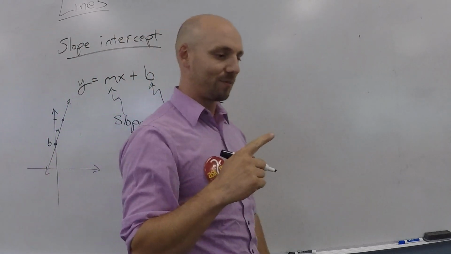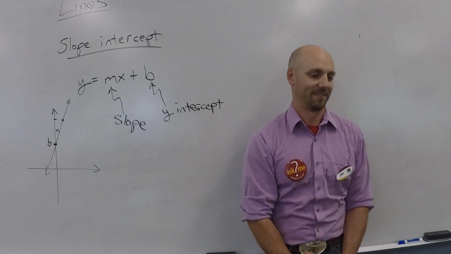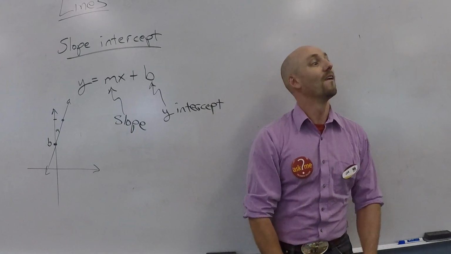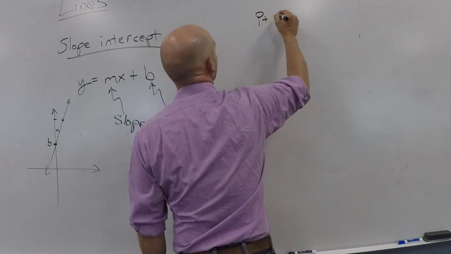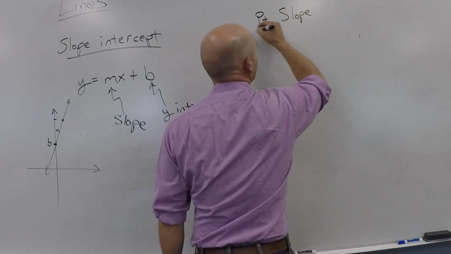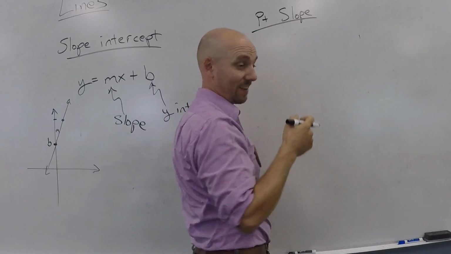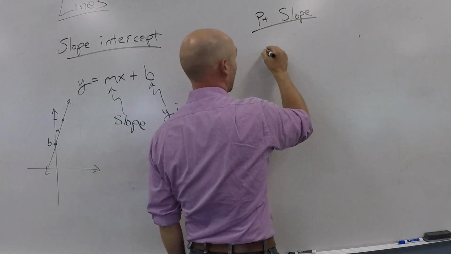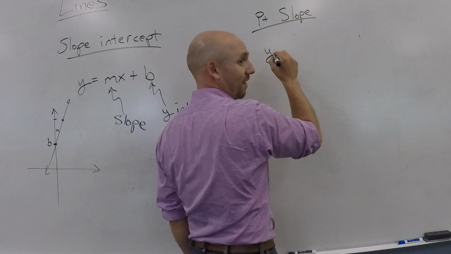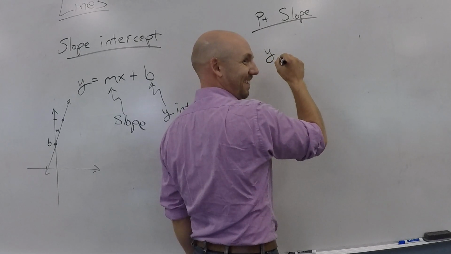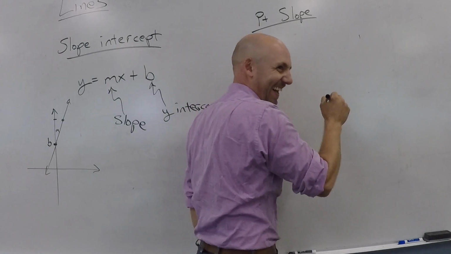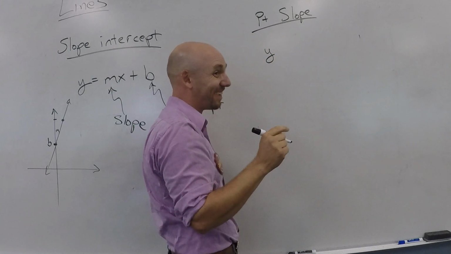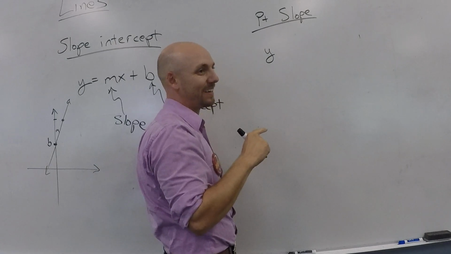That's slope-intercept. What other forms you got? Point slope. Yep, there's a point slope, which is y minus y1 equals... I think you got the right thought.